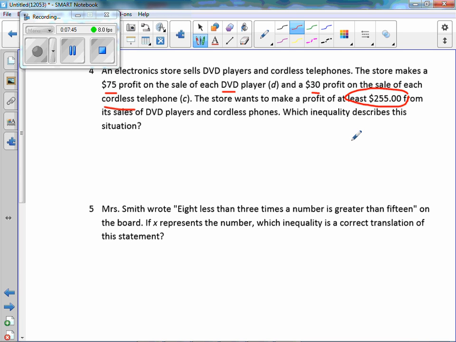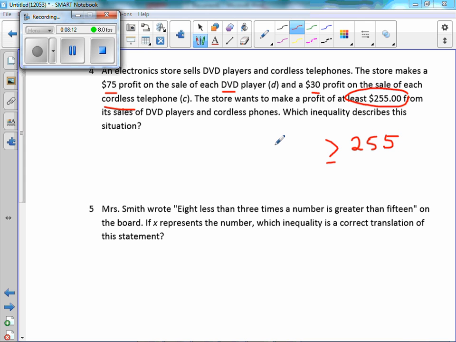So if it's at least $255, it's got to be more than the equation. So the equation is going to be greater than or equal to 255. That's why this sign is greater than, because it has to be larger.